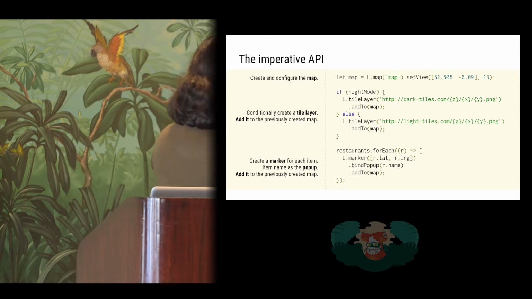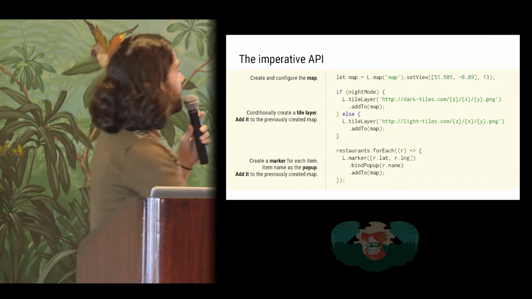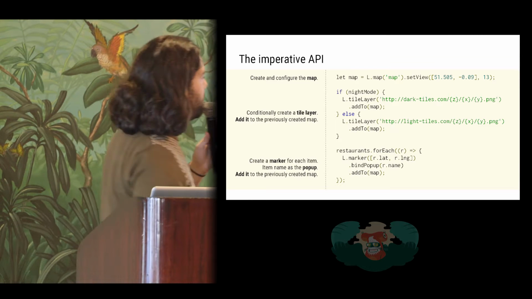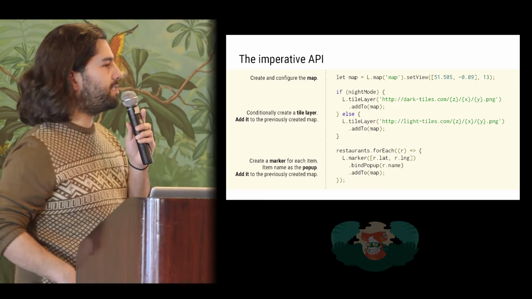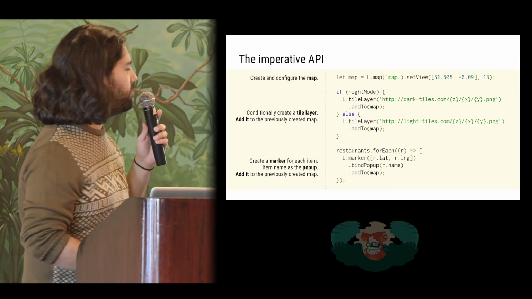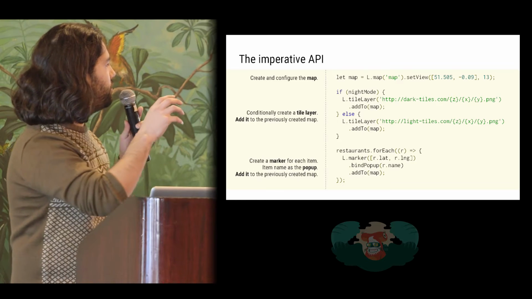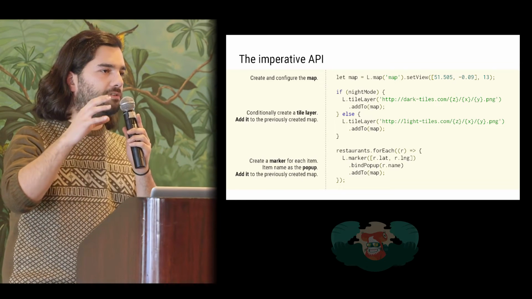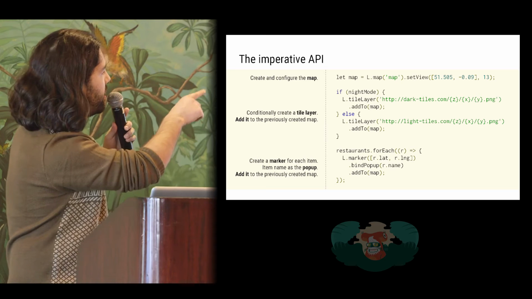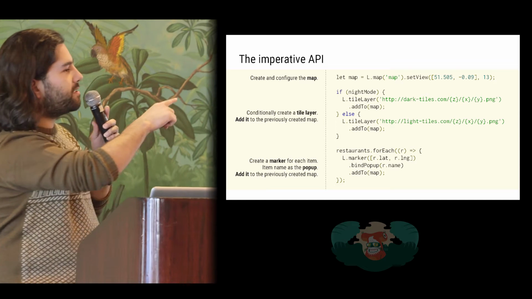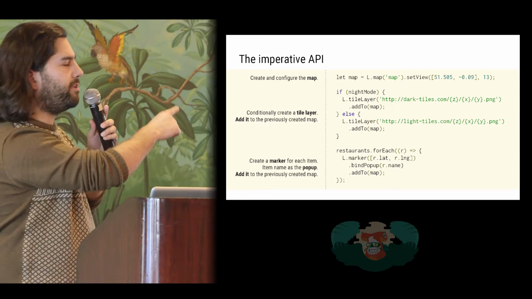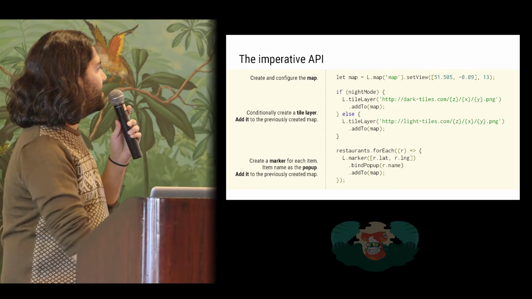You create and configure a map. You pass in an ID, which is the ID for the element you're rendering your map into, and you call a setView function to configure the initial state of the map. We're passing some coordinates, that's Portland by the way, and a zoom level.